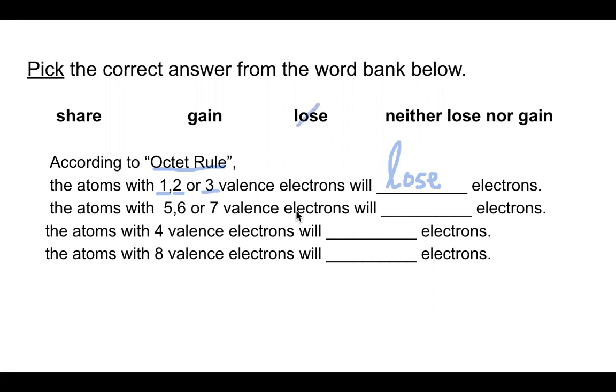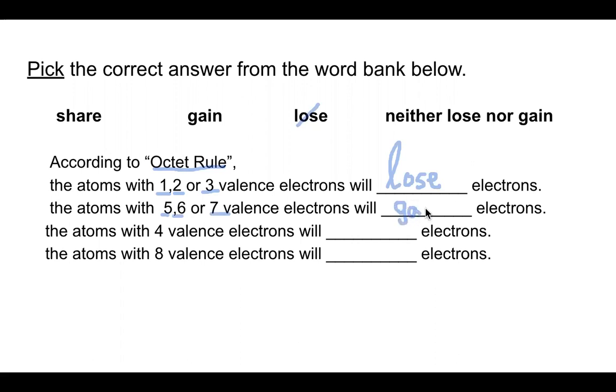So lose. Then when the atoms have 5, 6, and 7 valence electrons, what would they do? They could lose those 5 or 6 or 7 electrons, or just gain the remaining electrons to become 8. What's your answer? Obviously, gain.